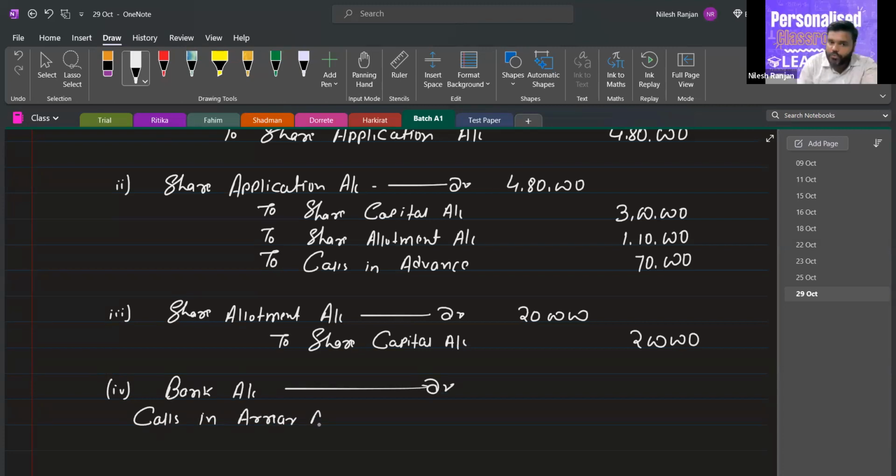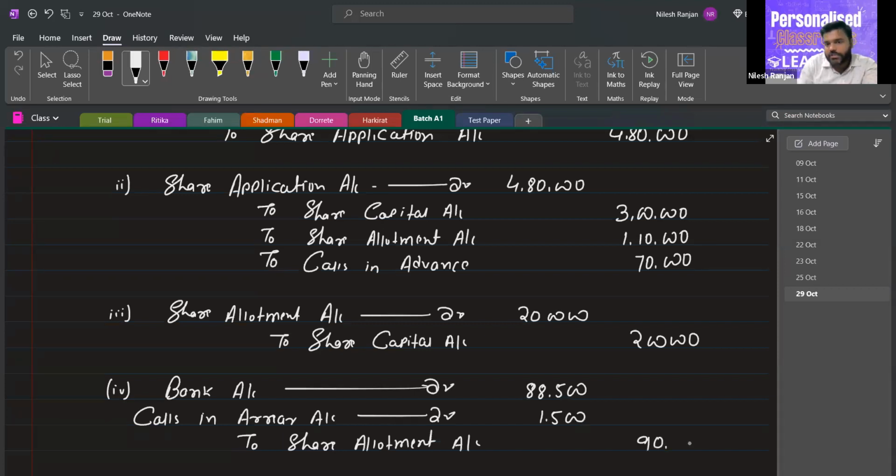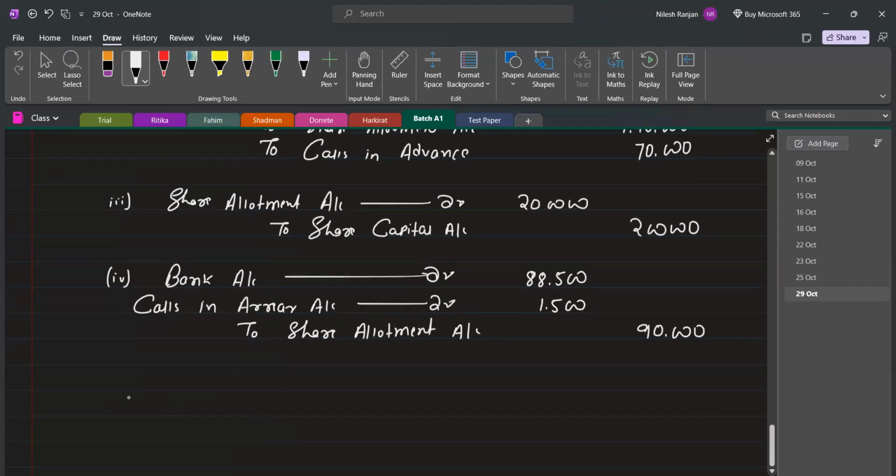It is written in the portion. That's why bank account debit, calls in arrear account debit to share allotment account. So share allotment 1 lakh 10,000 we have adjusted here. Bank account will be 88,500, 1,500 is calls in arrear and 90,000. Is this clear? Yes, sir.